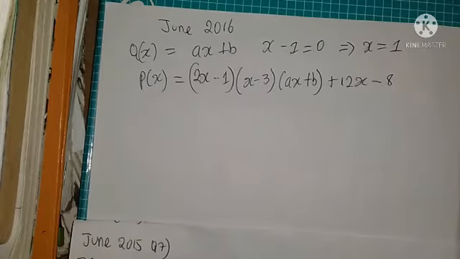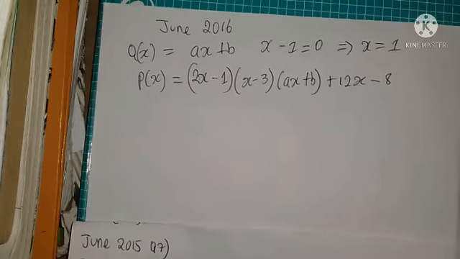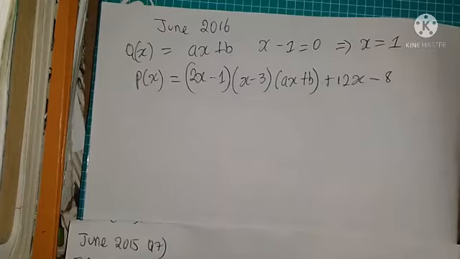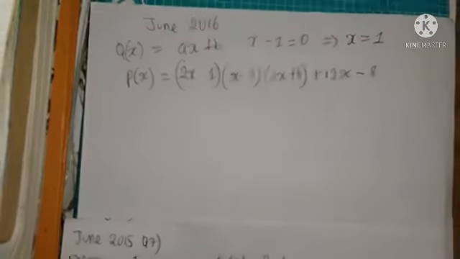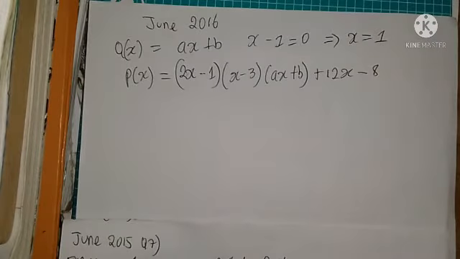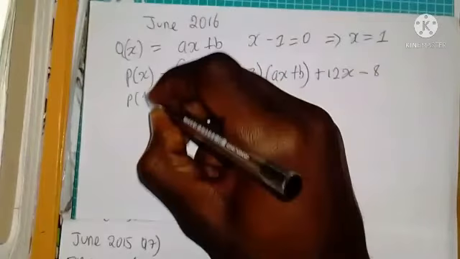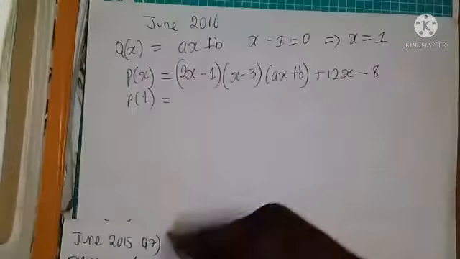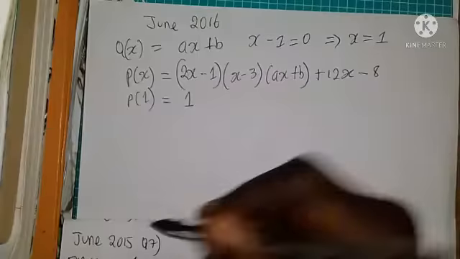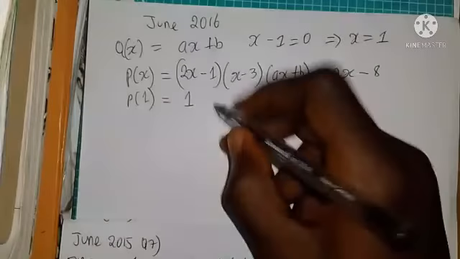And again, we're told that p of 0 is equal to 10. So we're going to have two simultaneous equations which we'll have to solve to get the values so that we can get q of x, which is demanded in the question. So p of 1 is equal to, here we're going to have a 1 because 2 times 1 minus 1 is 1.